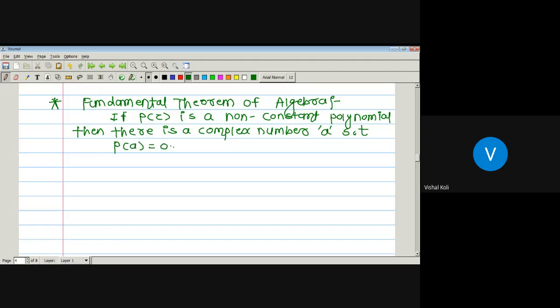Okay, so if we have a non-constant polynomial, then there is a complex number a such that P of a will be equal to 0. That is, every non-constant polynomial has a root or zero in C.